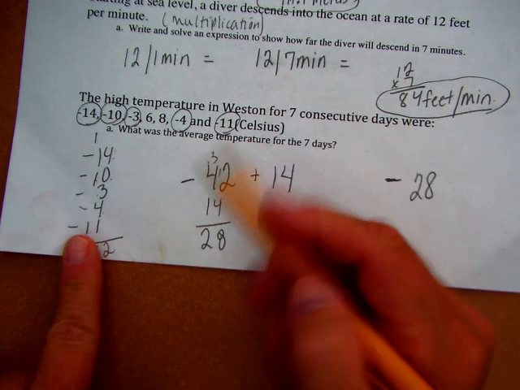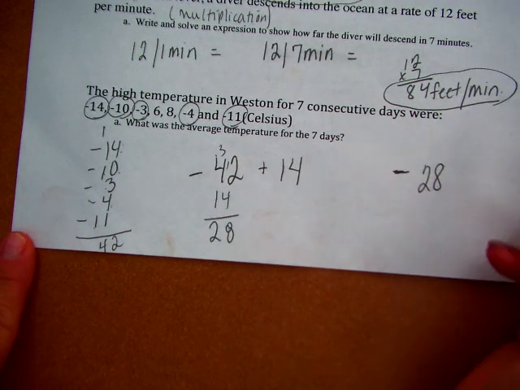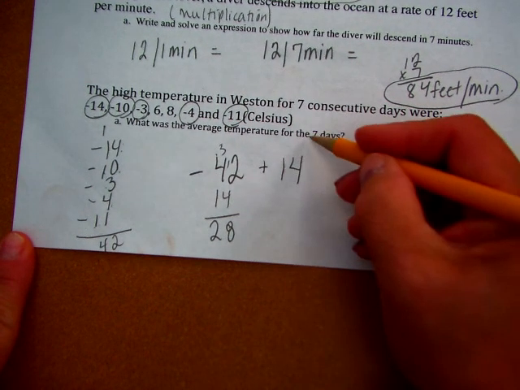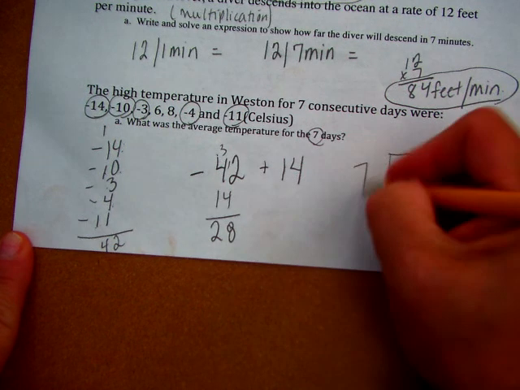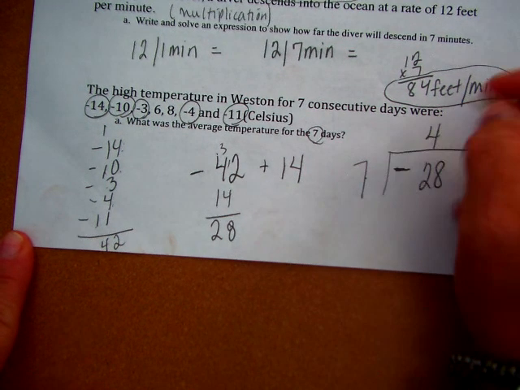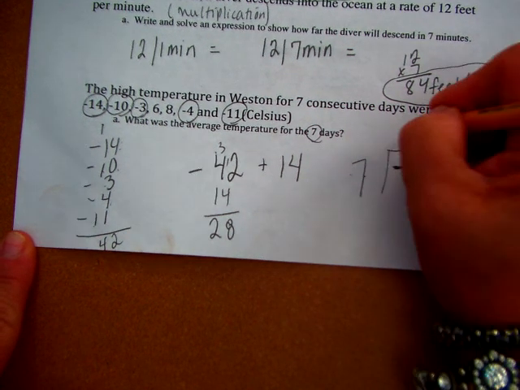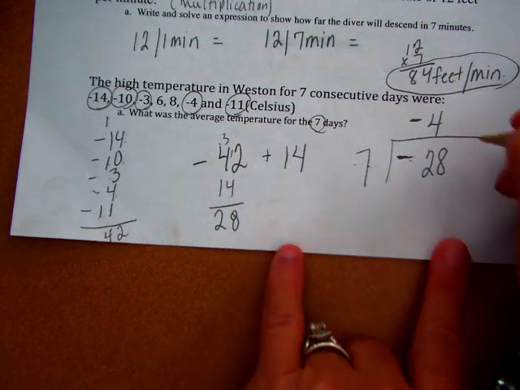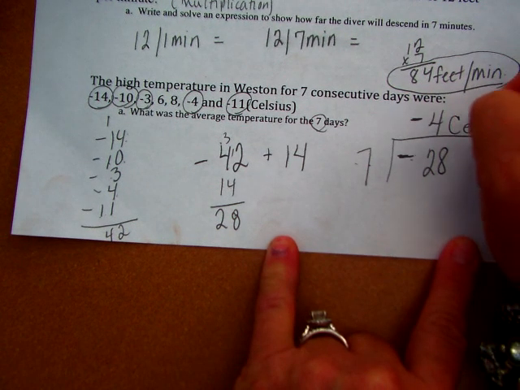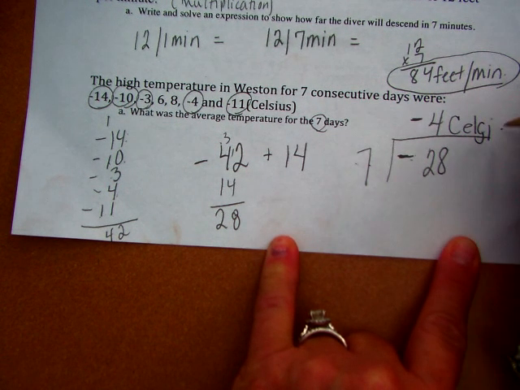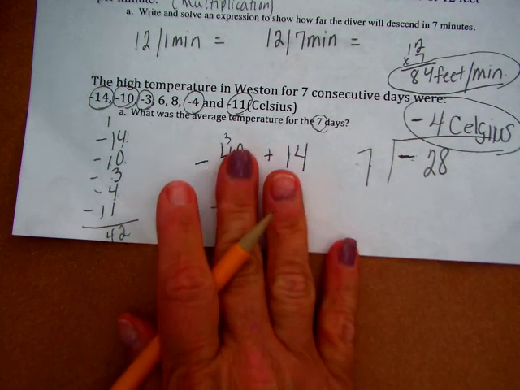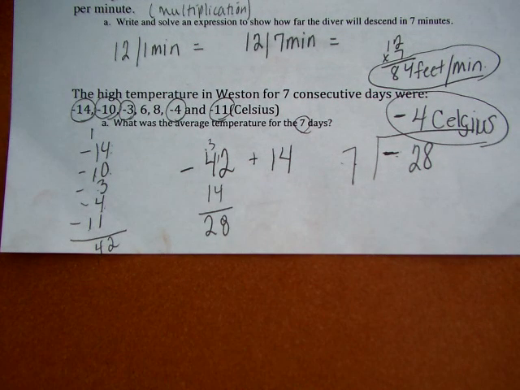And you have to divide it, since you're finding the average, into 7 days. 7 into 28 will go 4 times, and it's 1 negative, so it would be negative. So the average temperature is negative 4 degrees Celsius. And that's your final answer.